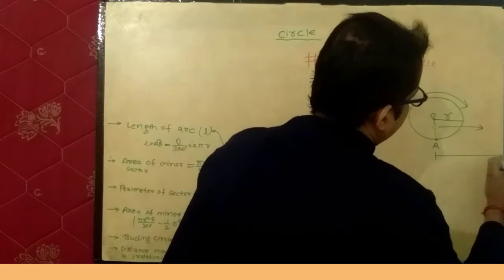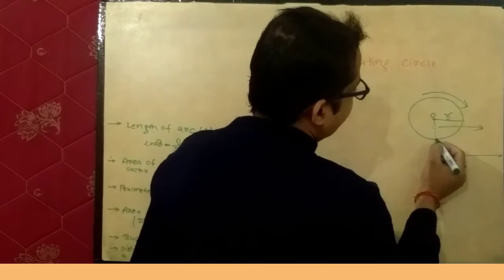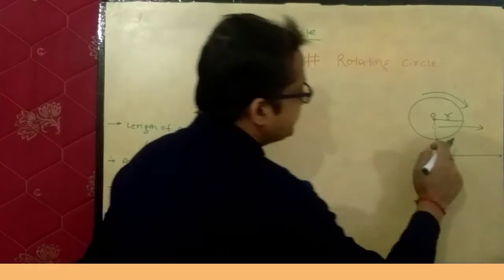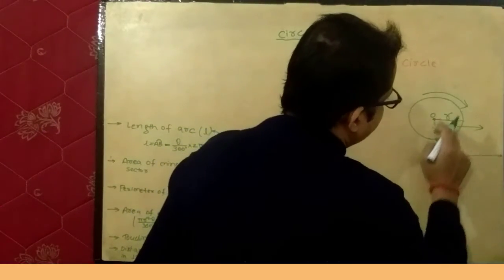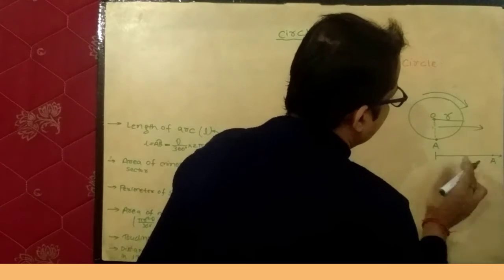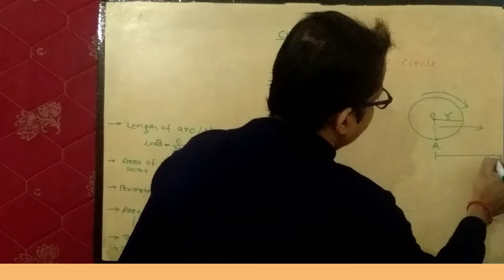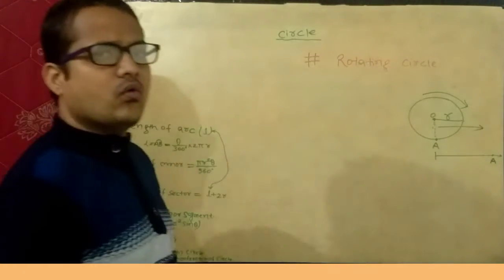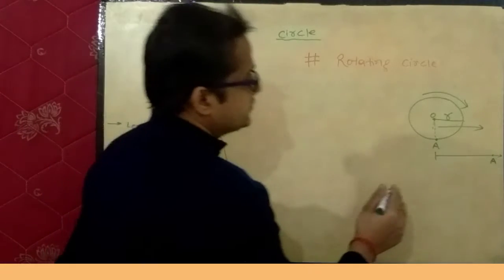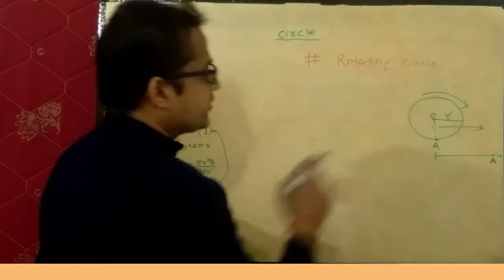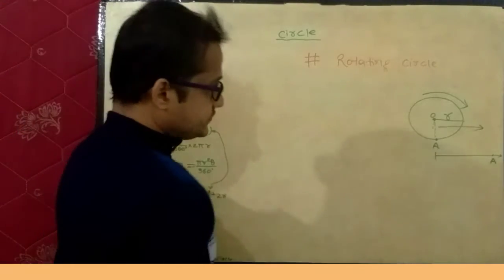Suppose this point is here and this circle starts to move, and after some time this point comes to this point. So what is the distance?